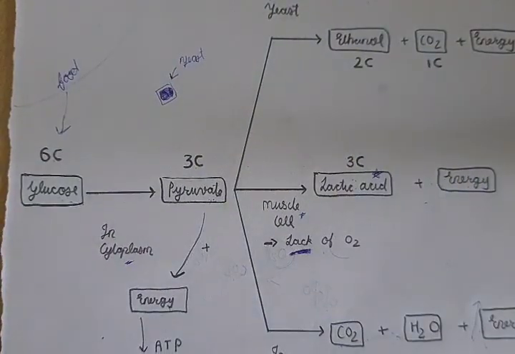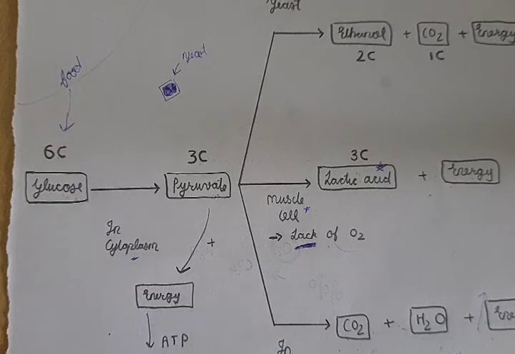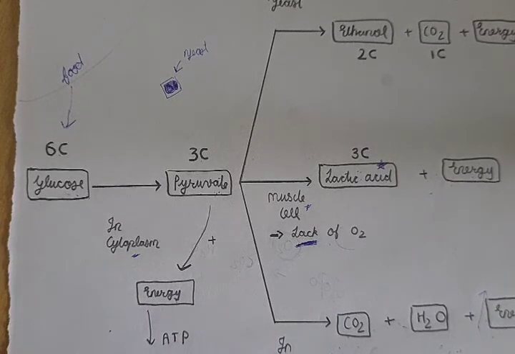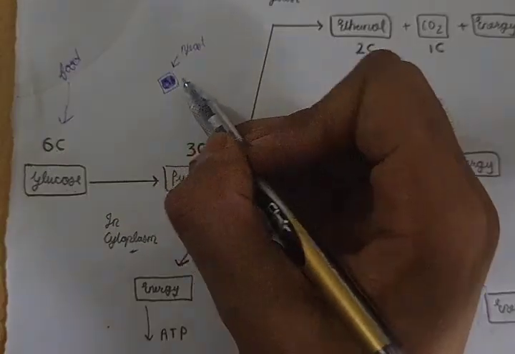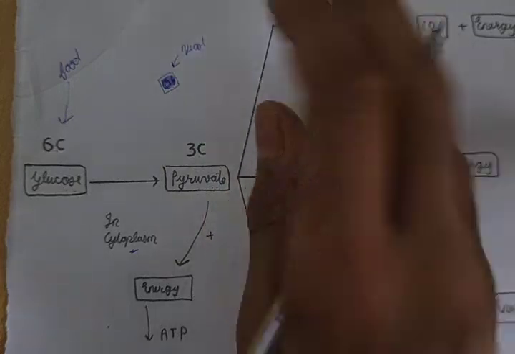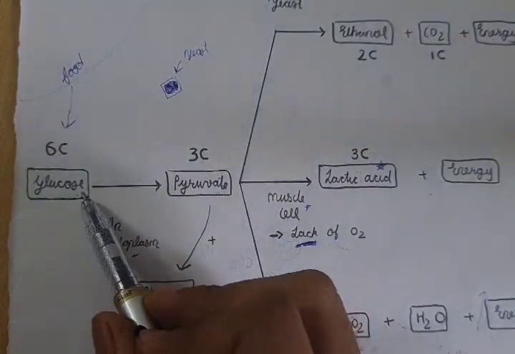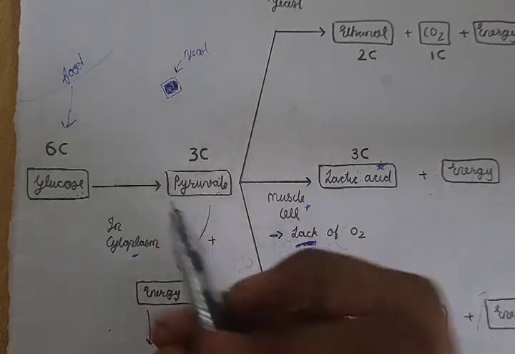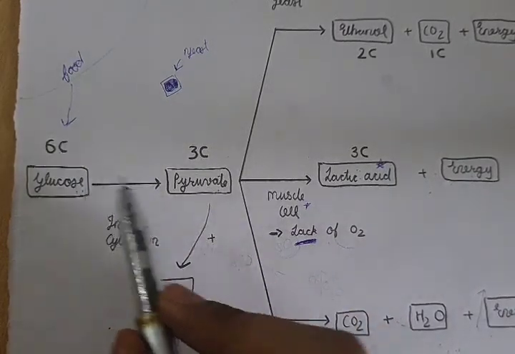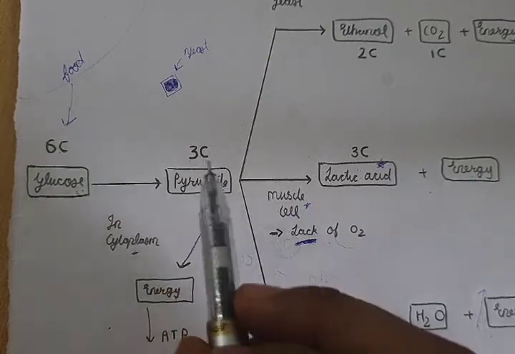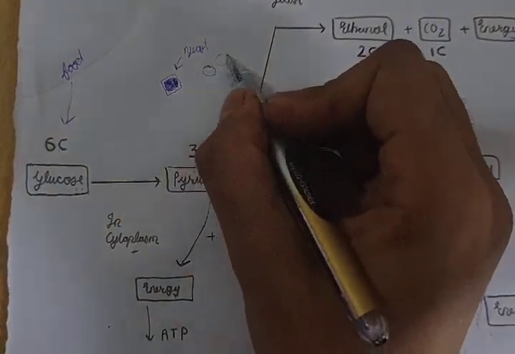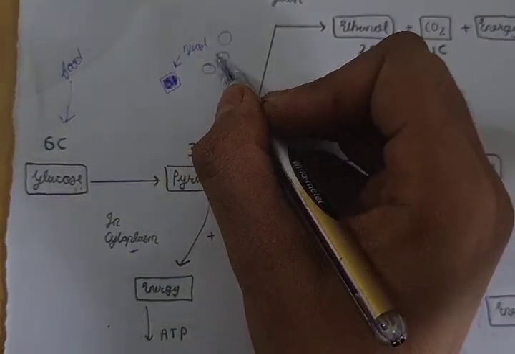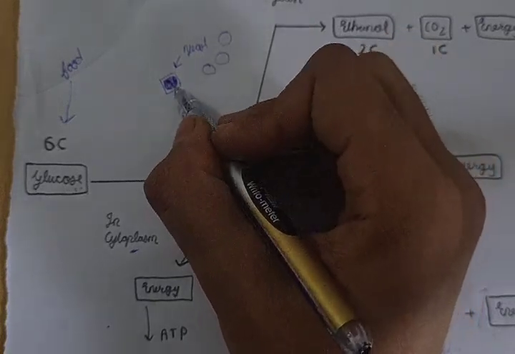Now what is yeast? Yeast is a fungus. Small unicellular fungi, yeast, are put in this. Now what does yeast do? Yeast will utilize this glucose to make energy from it. The first step, we all know, is that this glucose will be converted into pyruvate in the cytoplasm of these yeast cells, small unicellular organisms which are put in this glucose or sugar.